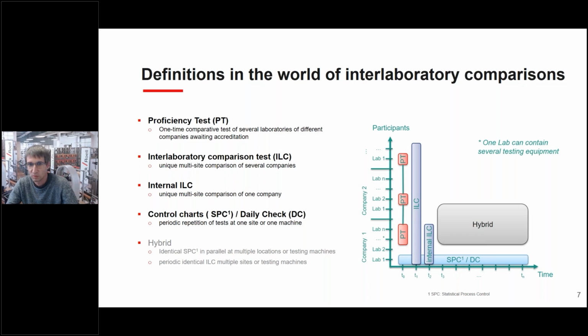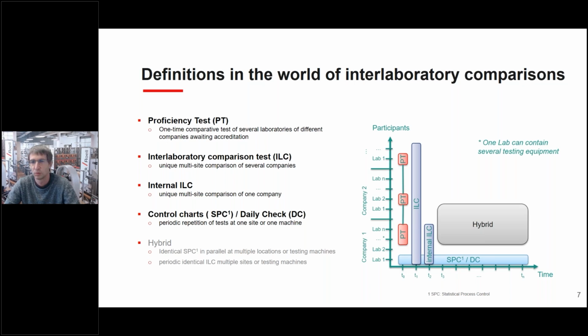And the smaller version of this is an internal ILC, where you compare your labs within your company against each other. This is the location constraint, and you can also do this over time, typically for establishing control charts, SPCs, daily checks, and so on, where you do the test every day or every week within one location or at one single machine, and compare your results to the history of this machine.